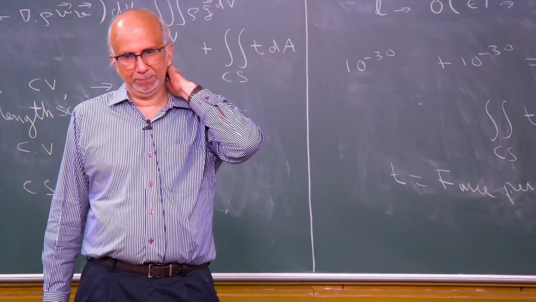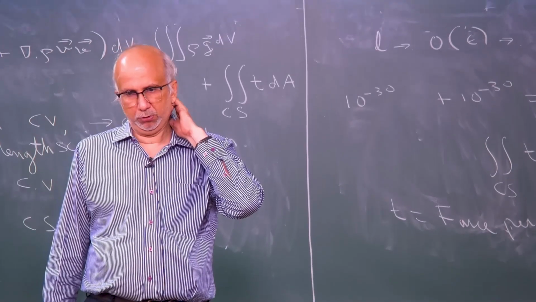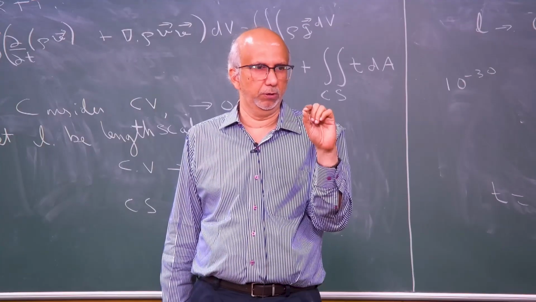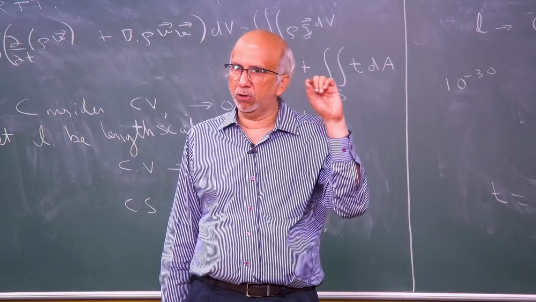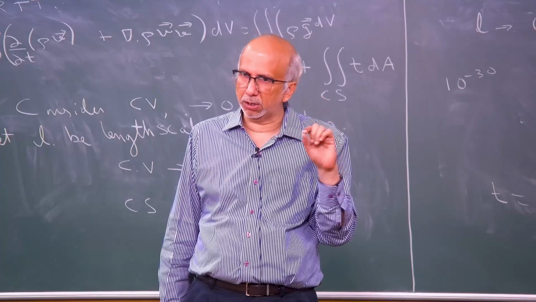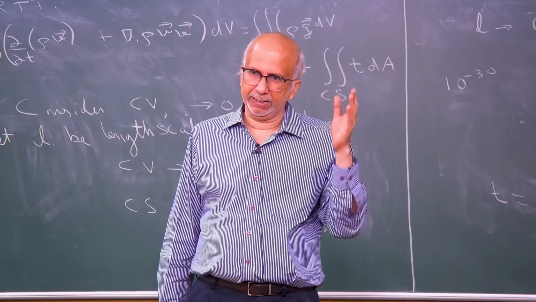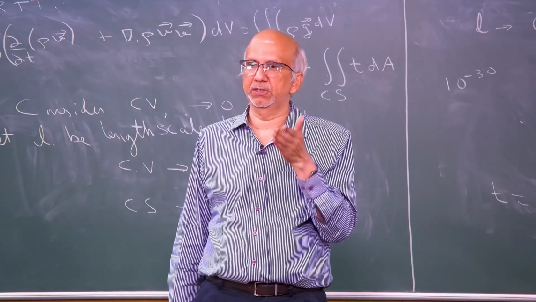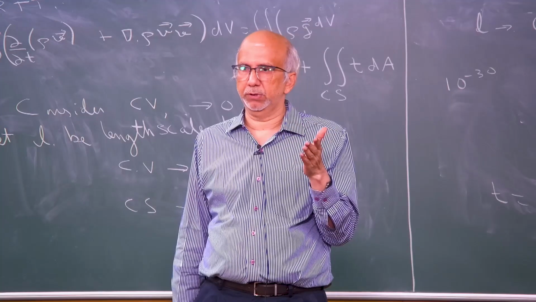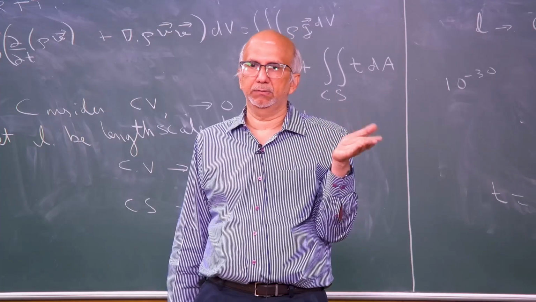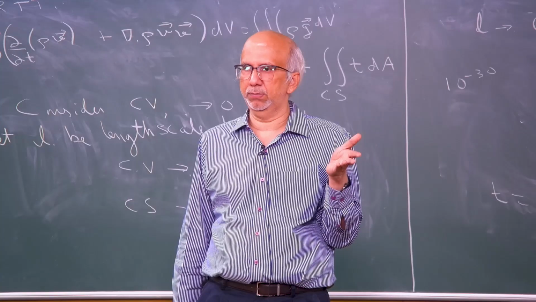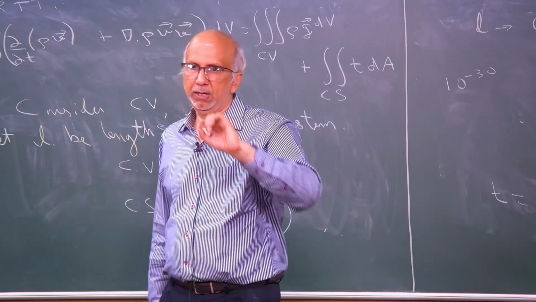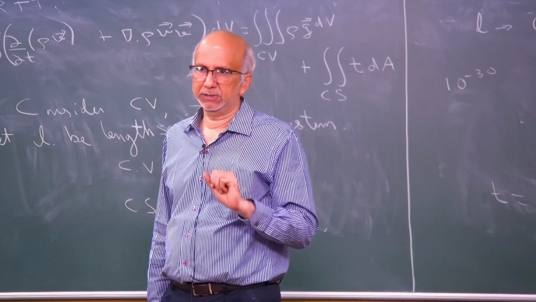Now, what we have shown is that if you take a small control volume around a particular point, and take an integral of the forces which are acting on the surface, that is going to give you 0. On the whole surface, the forces acting on that control volume are going to be 0. That is what we have shown in the limit of L going to 0, in the limit of an infinitesimally small control volume.